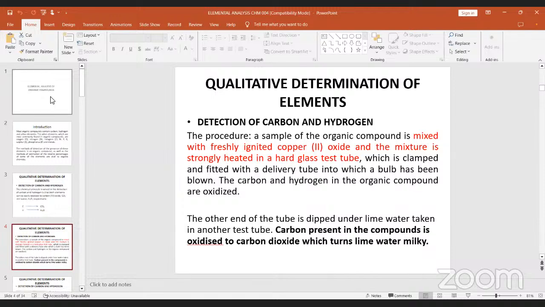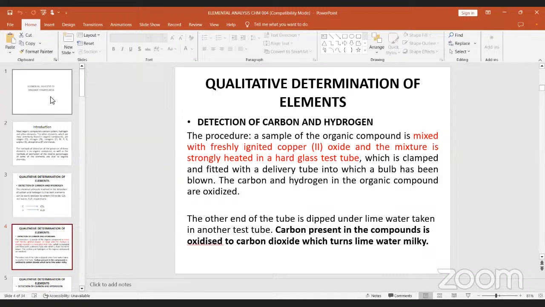This ability decreases down the group. Carbon, being the first member of that group, has the highest ability to do this, and that is why carbon is able to form a whole number of compounds, and that gives it its peculiarity in chemistry, that it has a branch of chemistry to itself.